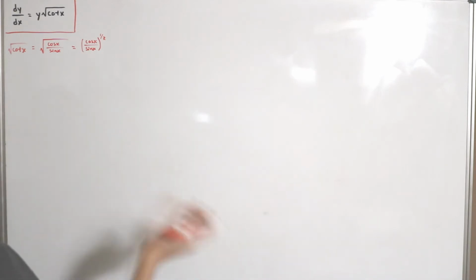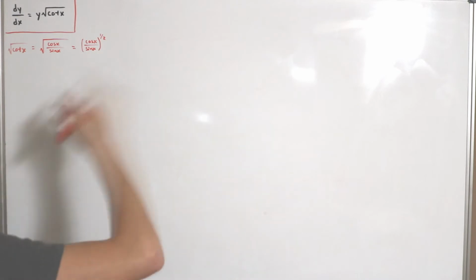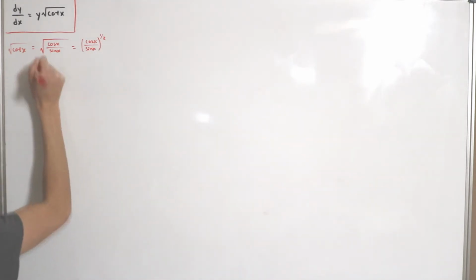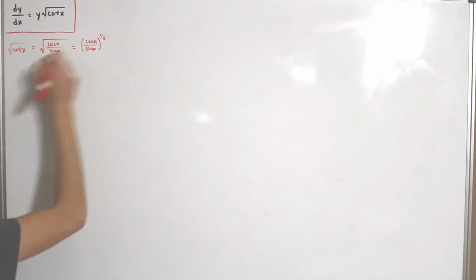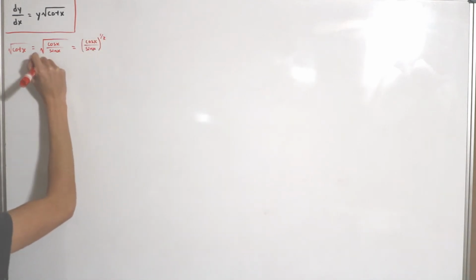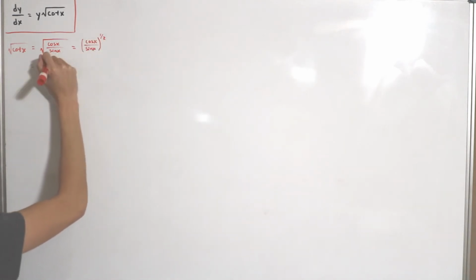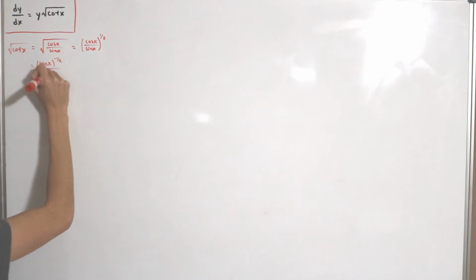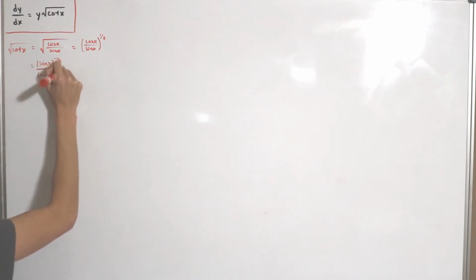They share that same exponent, so I can rewrite that and work this outside. This can also be written as sine of x to the negative 1/2, divided by cosine of x to the power negative 1/2.